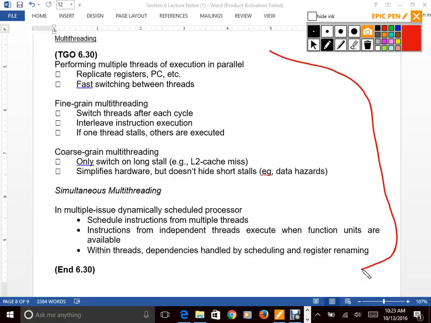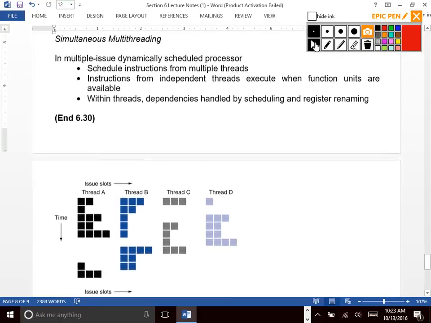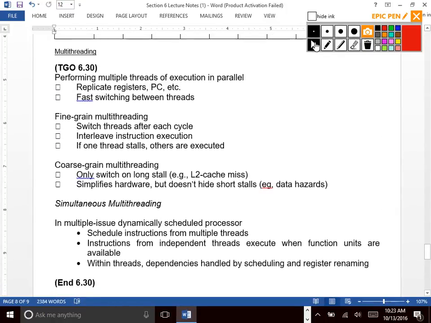Fine-grained multi-threading is what happens when we switch threads after each cycle. Just to give you a preview, I have a little diagram here where I'm going to describe what this all means. Switching threads after each cycle, we interleave instruction execution, meaning we're doing different instructions in different processors by interleaving them.